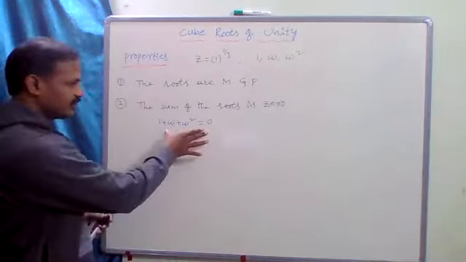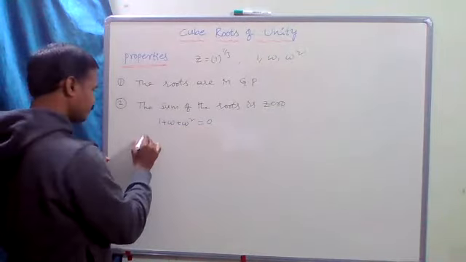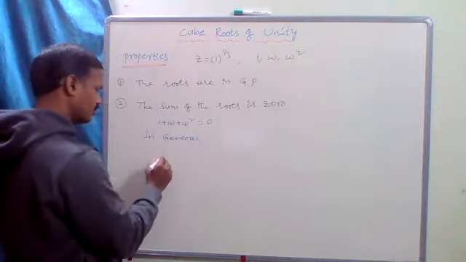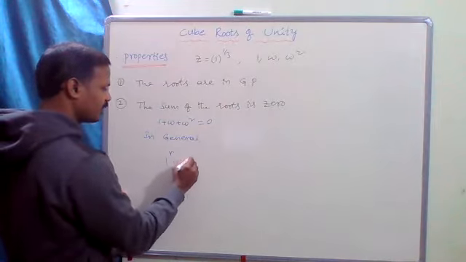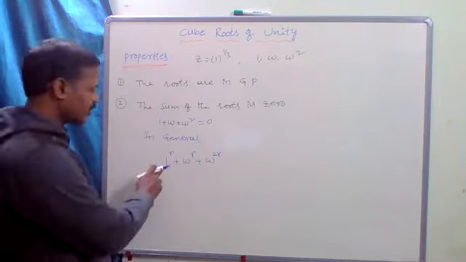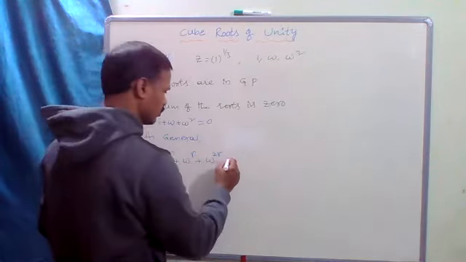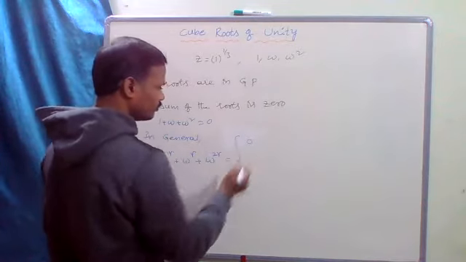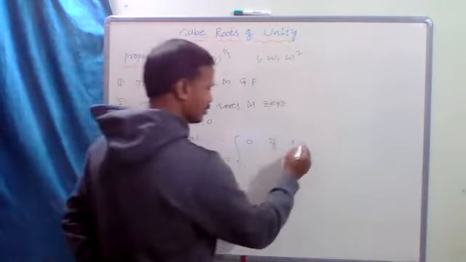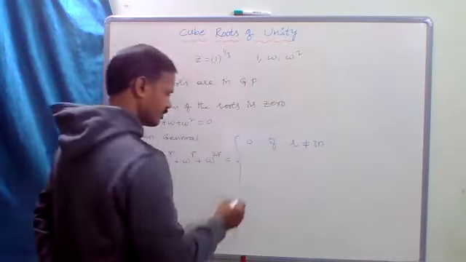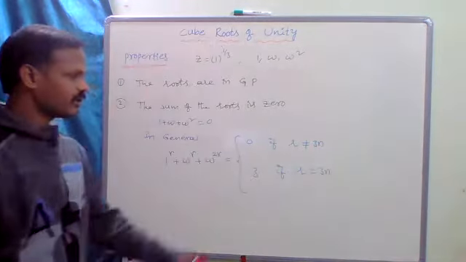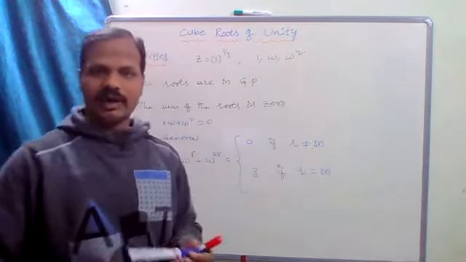Now in general, 1 power r plus omega power r plus omega square power r, that is omega power 2r, equal to 0 if r is not equal to 3n, that is, if r is not a multiple of 3.